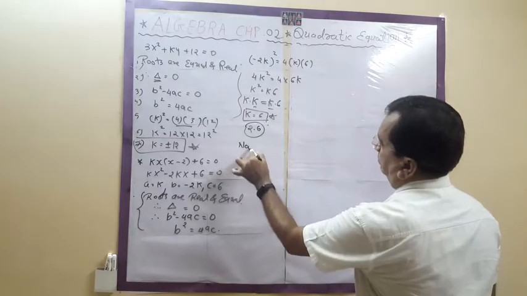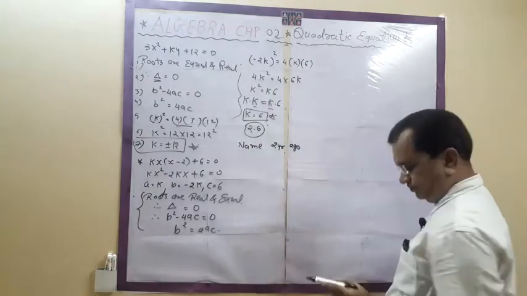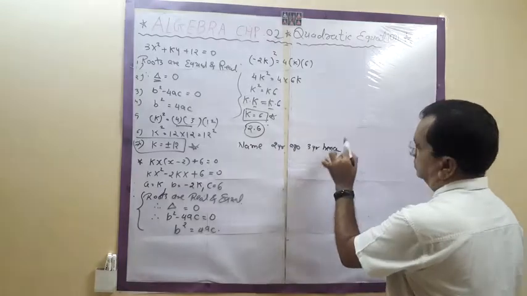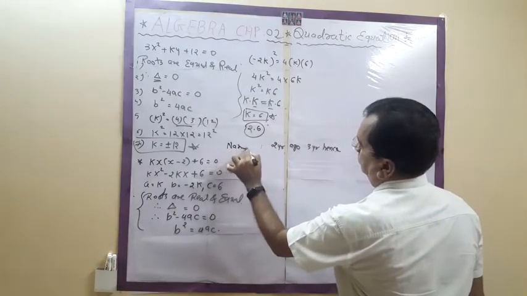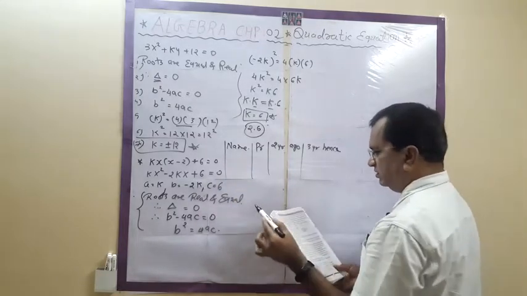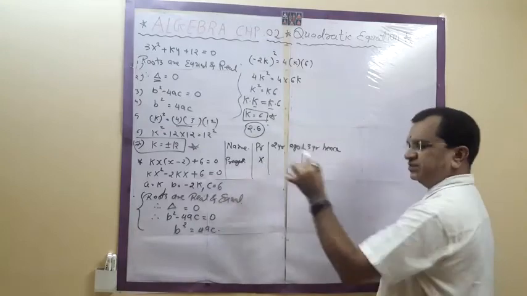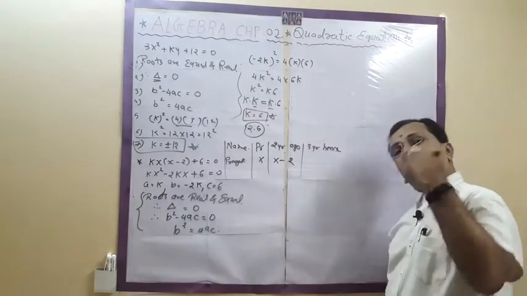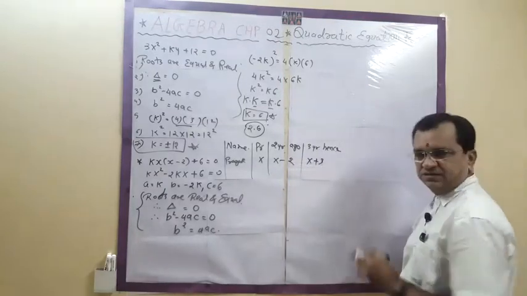The name is Pragati. Present age we don't know, x. 2 years ago it is minus, no? 2 years ago is minus 2, and 3 years hence is plus 3.